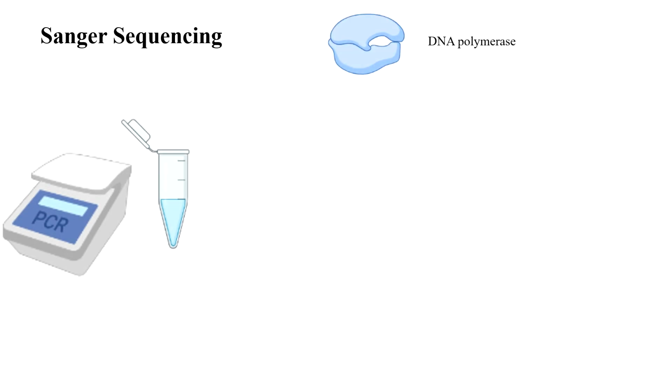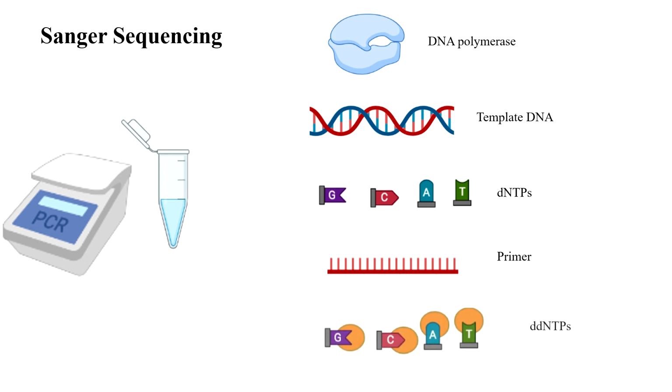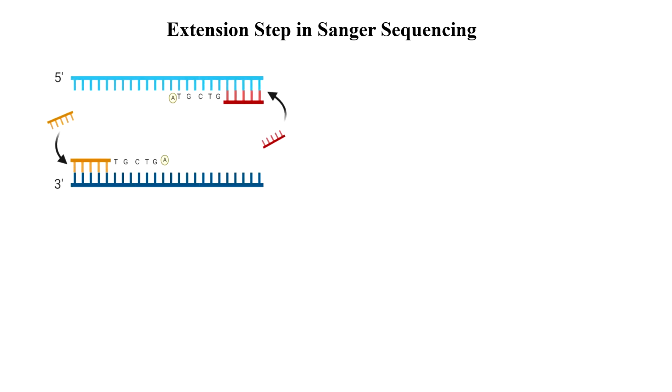In Sanger sequencing also, we need DNA polymerase, template DNA, dNTPs, primers, and one more important thing, which is ddNTPs. But the extension step of sequencing PCR is different, where we use the deoxynucleotides which we normally use in PCR, but we also use a small amount of dideoxynucleotides, that is ddATP, ddGTP, ddCTP, and ddTTP.